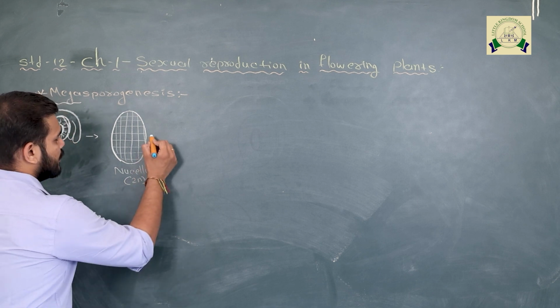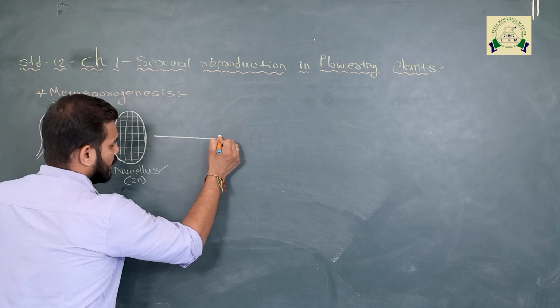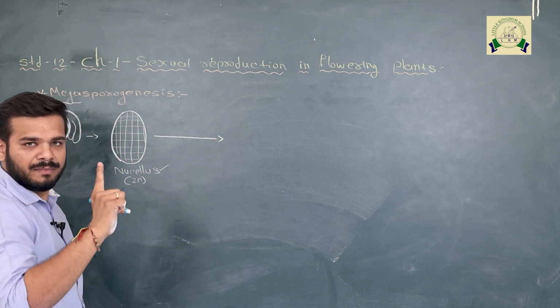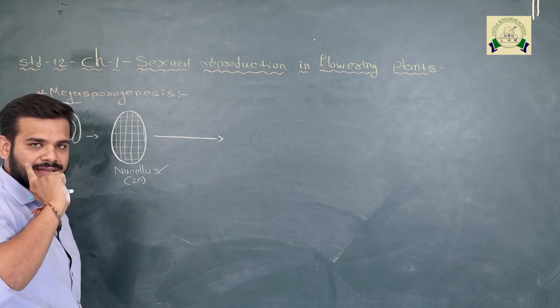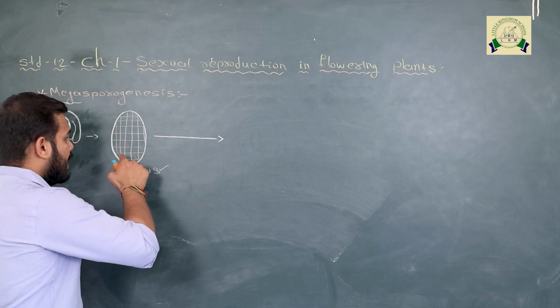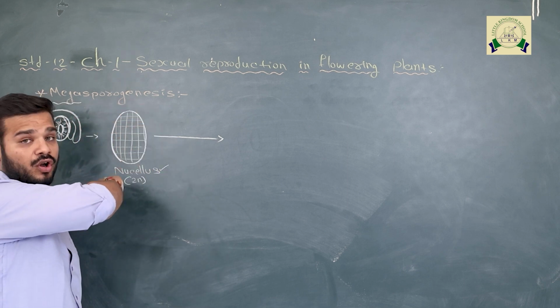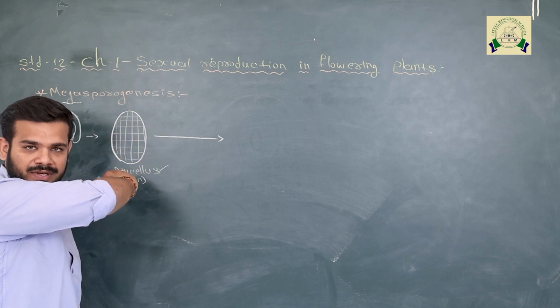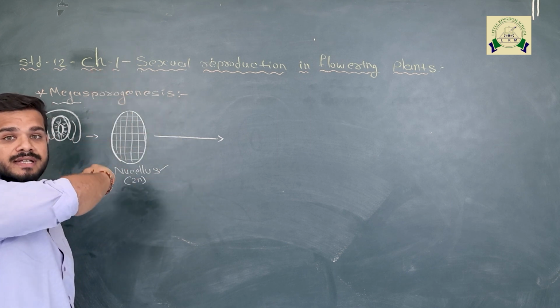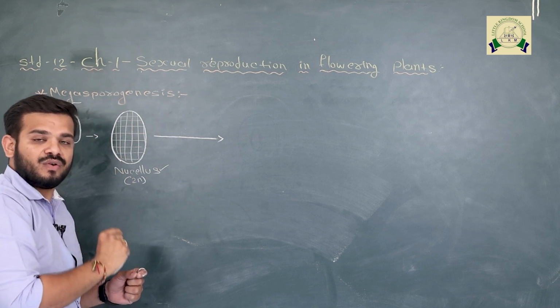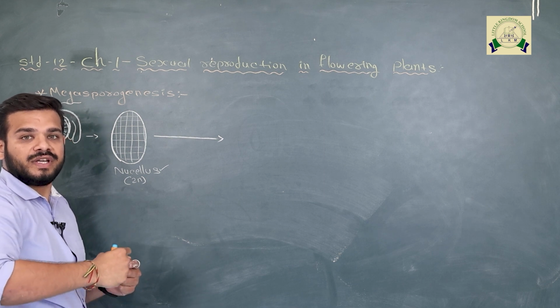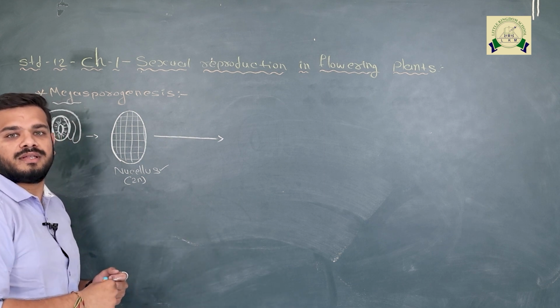What happens next? Listen to this line carefully: any one cell of the nucellus, not all cells, not each and every cell. What happened in microsporogenesis? Each and every cell of the sporogenous tissue underwent differentiation to produce a pollen mother cell.